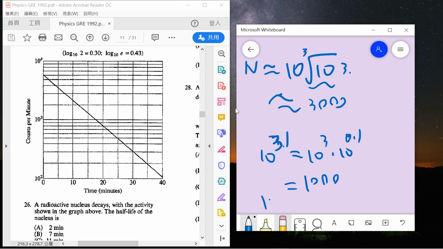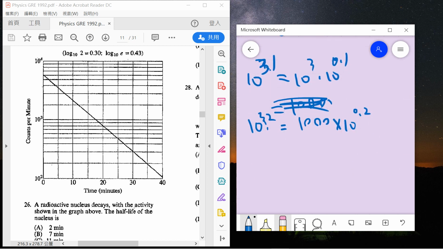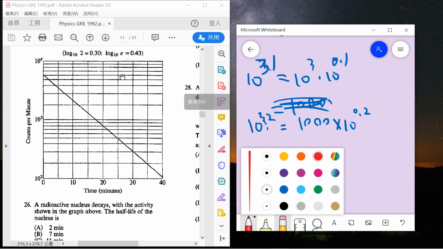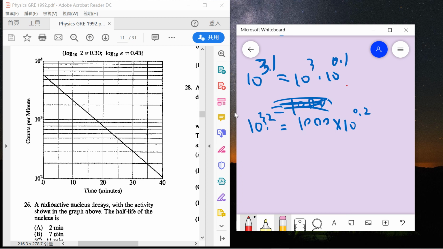So how about we calculate 3.2, which is 1000 times 10 to the 0.2. Because log 2 is 0.3, suppose we call this x and take the log.